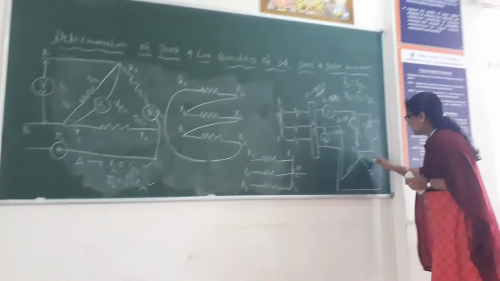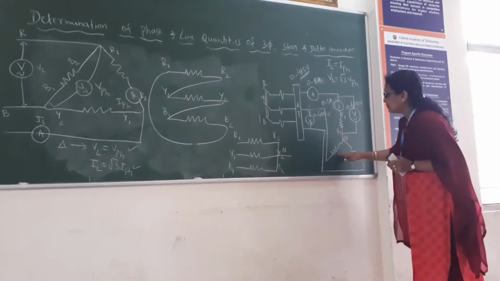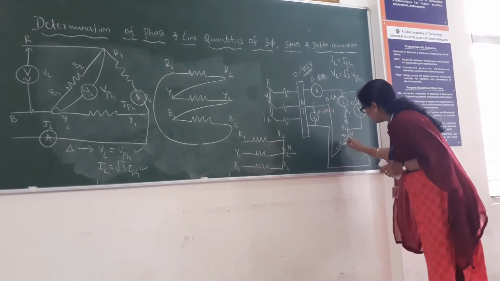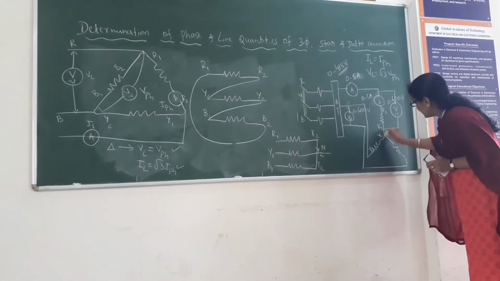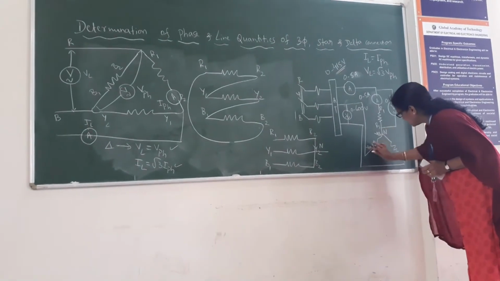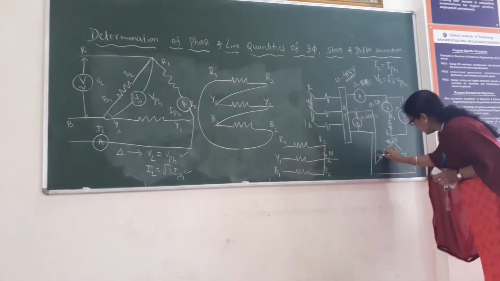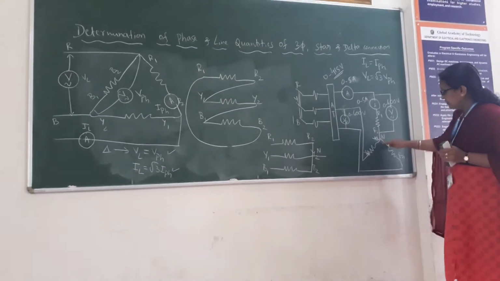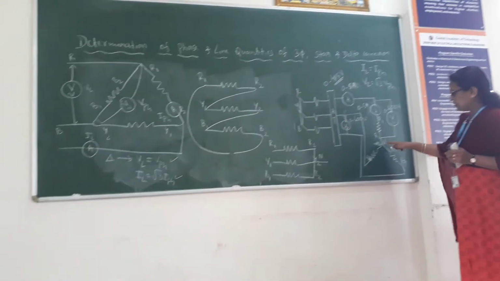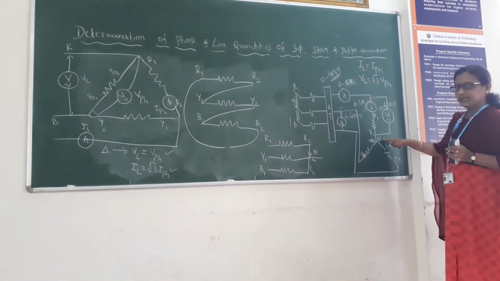So it is connected to Y, no? So it is Y1, Y2, and then this is the finishing terminal we are going to consider. This is the starting terminal, and then this is B1, B2. All the finishing terminals R2, Y2, B2 are joined together to form the neutral.